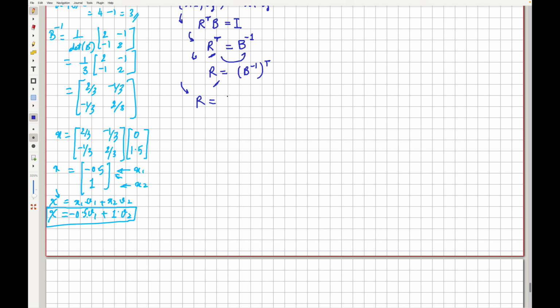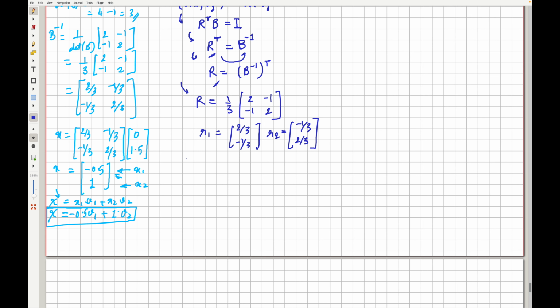If we look at 1 by 3, if we transpose that, it would still be 2 minus 1 minus 1 2, because this is a symmetric matrix, and so r1 is equal to 2 by 3 minus 1 by 3, r2 is equal to minus 1 by 3 2 by 3.